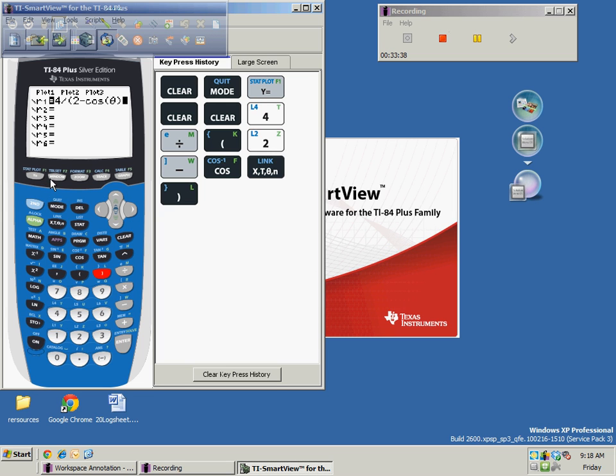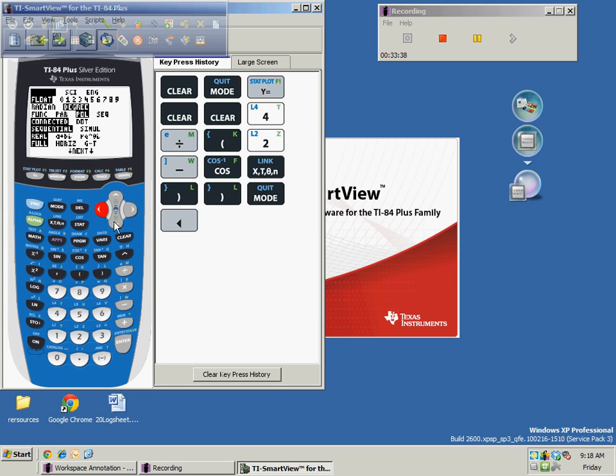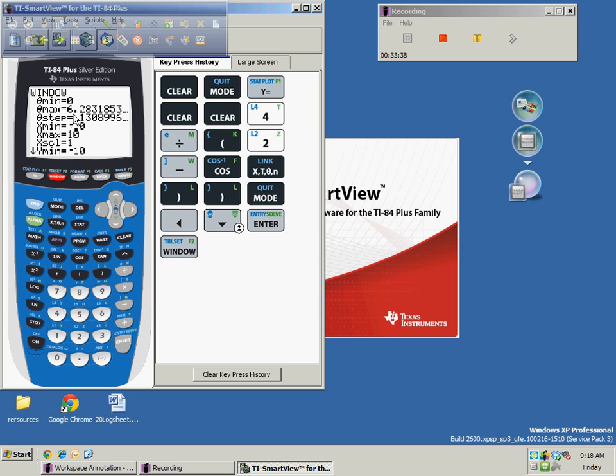And I want to make sure I'm in radian mode. See, that would mess me up. So, whoops. Make sure you're in radian mode. And the other thing, when I set up my window, I'm going from 0 to 2 pi, which makes sense. And I want to go from -10 to 10.